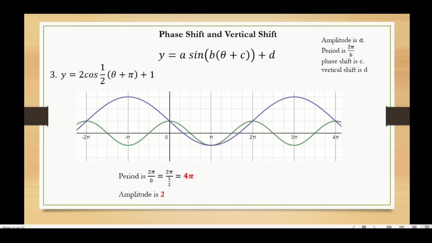And then yung phase shift natin is c. Saan yung c? Ito yan. Since positive yung nakalagay dito, yung C natin ay positive. Therefore, ang phase shift natin ay pi units to the left.